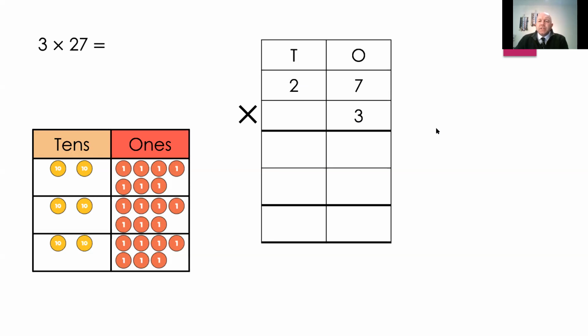And the way we do this is we start with our ones column and we say 3 multiplied by 7. Okay? 3 multiplied by 7 is 21. Okay? So we're going to put a 1 in the ones column and the 2 10s goes in the tens column. 21. Moving on.